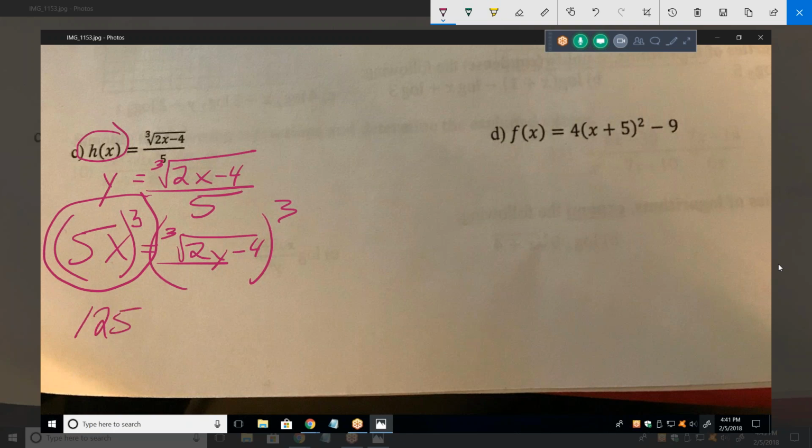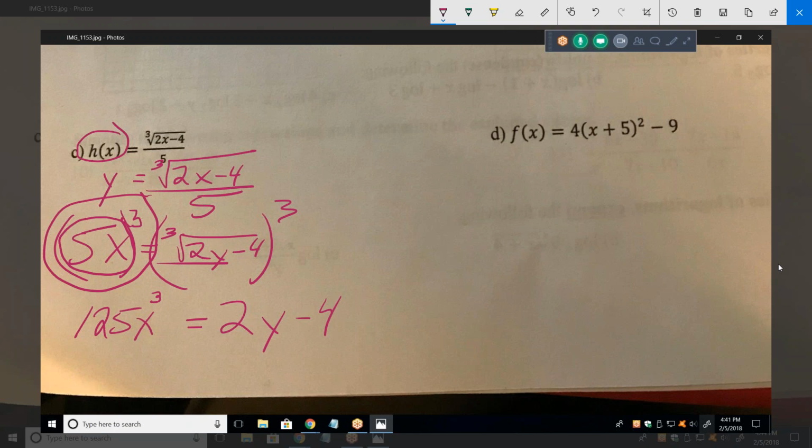Well, you got to cube the x also. Notice both the 5 and the x are inside those parentheses. Okay, so you got to cube each one of them. That's the same as 5 cubed times x cubed. Now, when I cube the right, it's a lot simpler. It just becomes whatever was in the radical sign.